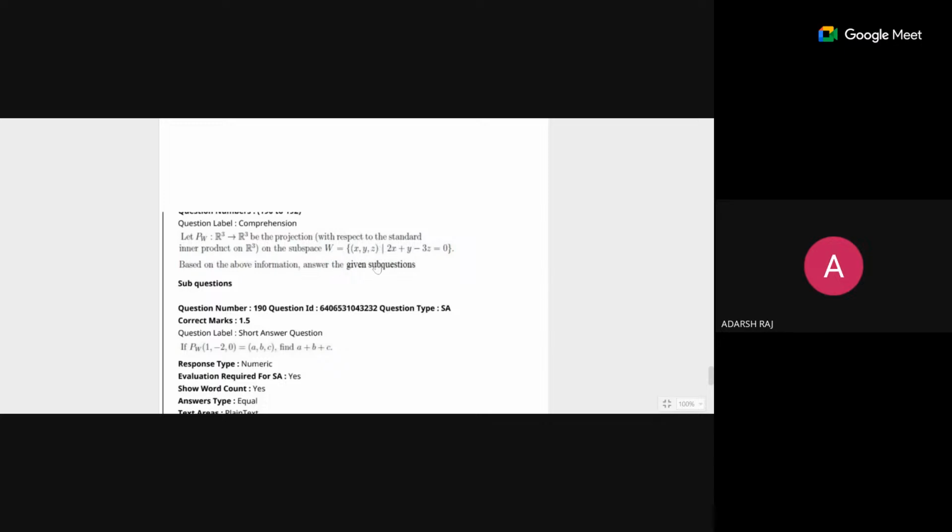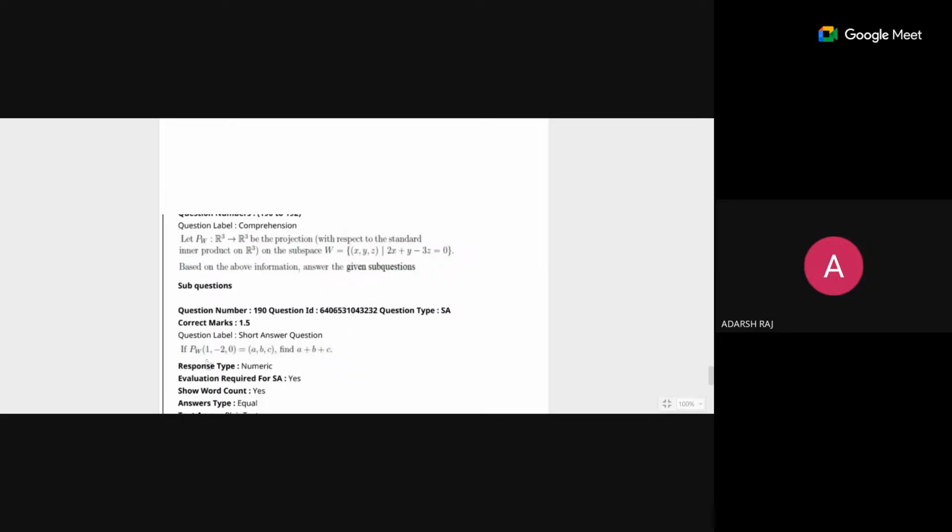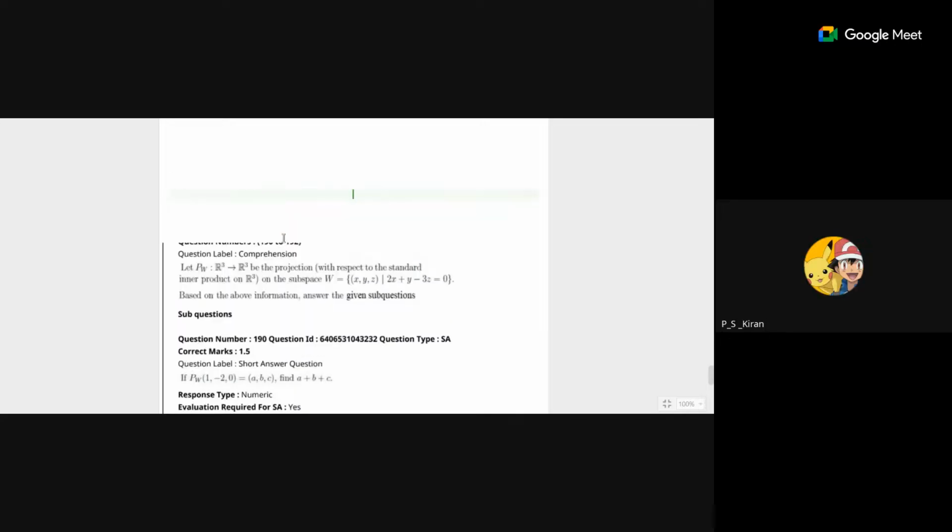Basically, this is a plane, and we have to find the projection of this vector 1 comma minus 2 comma 0 onto the subspace W. So how do we find the projection of this vector onto W? For finding the projection onto this subspace W, first we need to find the basis for W. Then we convert this basis into an orthonormal basis. Then we find the projection.